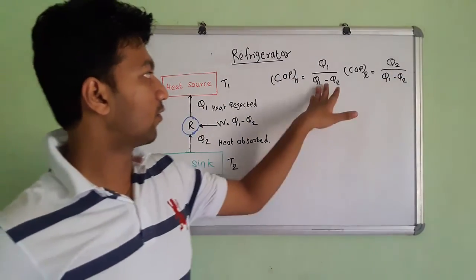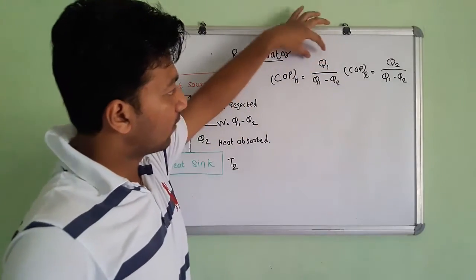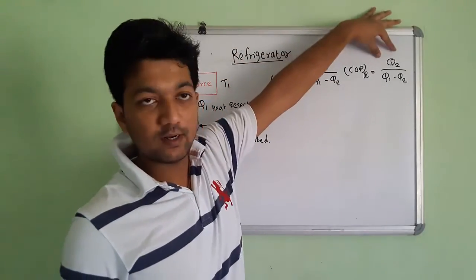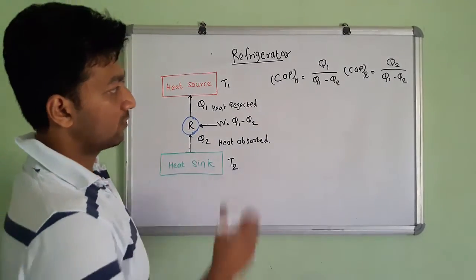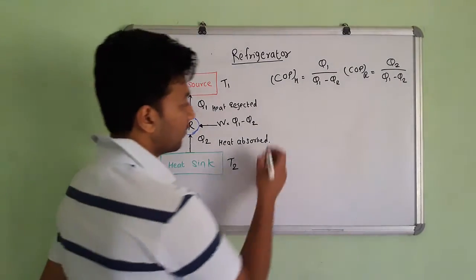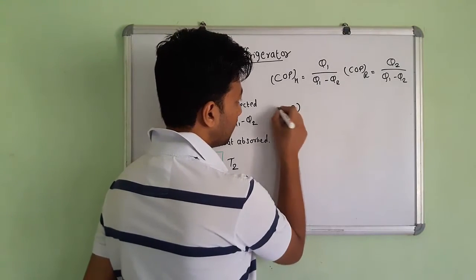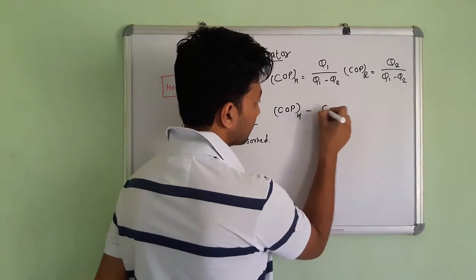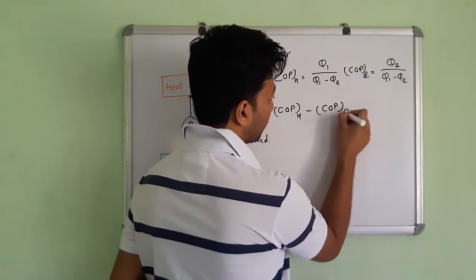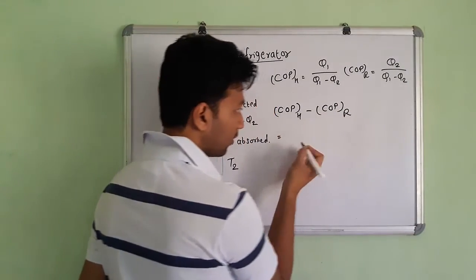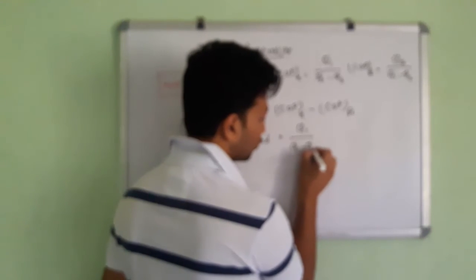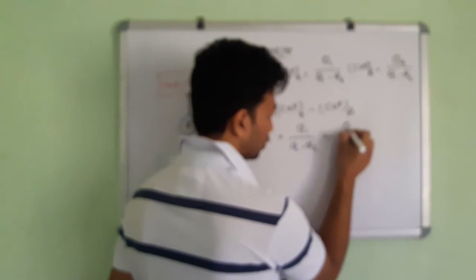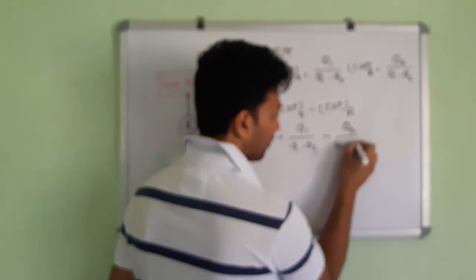From this we see that the only difference is in the numerator term, the denominator remains as it is. So we subtract these terms, which gives us COP of heat pump minus COP of refrigerator equal to Q1 upon Q1 minus Q2 minus Q2 upon Q1 minus Q2.